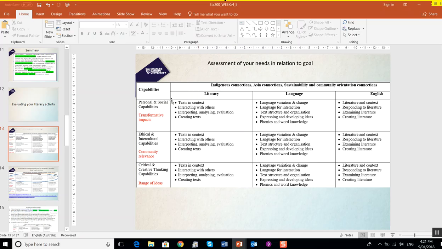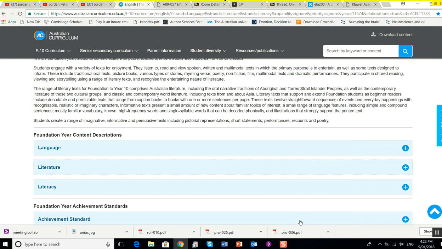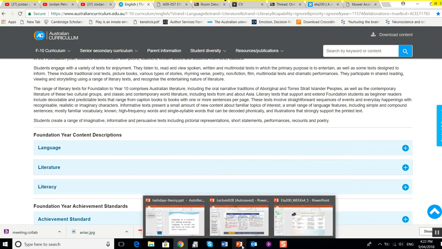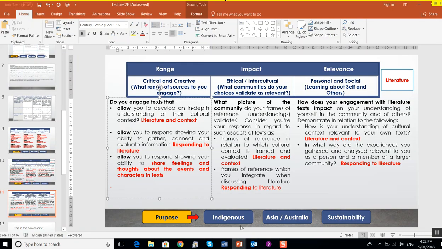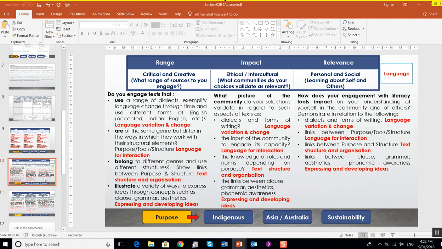I suggested that we start with personal and social capabilities. The reason for it is it doesn't matter whether it's literature or language.